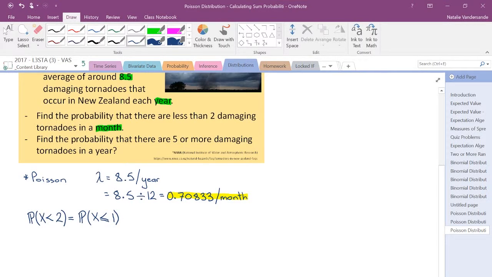So the probability that x is less than 2 is the same as saying the probability that x is equal to or less than 1. Now we can go over to the calculator to work this out.